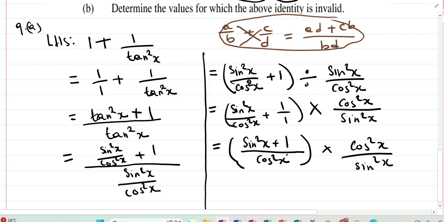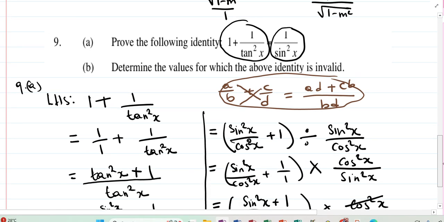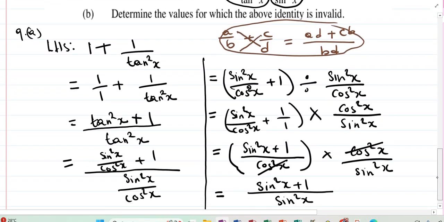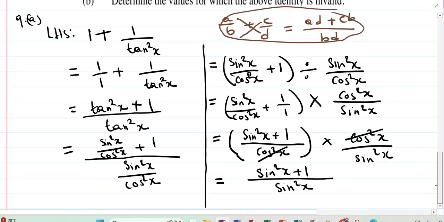So now what happens? Cosine squared of x cancels the cosine squared of x, and what I have here is sine squared of x plus 1 all over sine squared of x. So now my equation is almost similar to what I needed to prove. The only thing that needs to disappear right there is the sine squared of x.